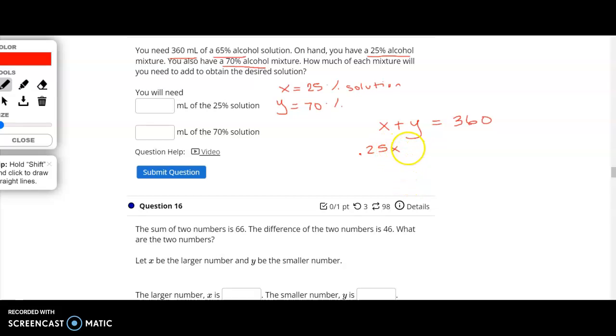So we have 0.25x. We know we want 70% of however many y milliliters there are. So 0.70 times y equals 65%. So 0.65 times 360.